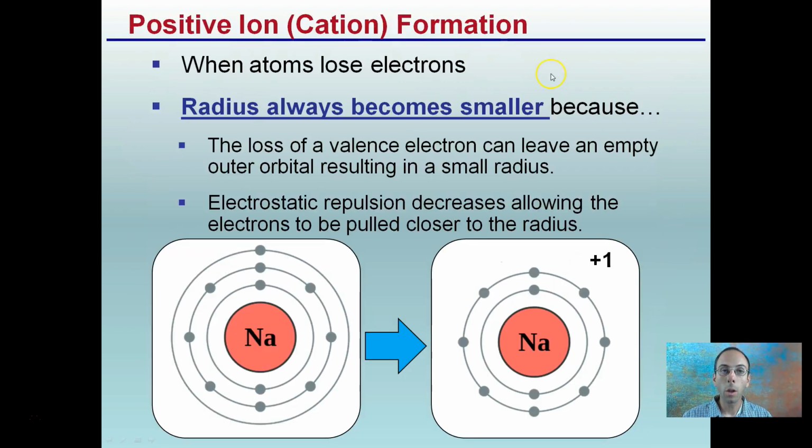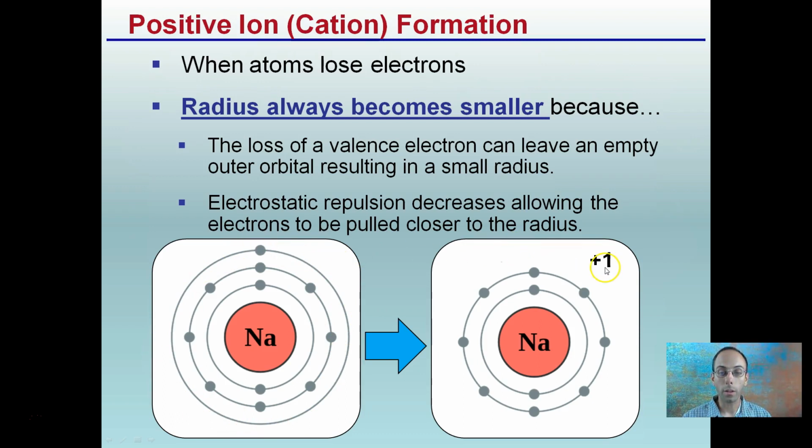Showing how that may look here, positive cation formation when an atom loses electrons. Radius always becomes smaller because the loss of a valence electron can leave an empty outer orbital, resulting in a smaller radius. Electrostatic repulsion decreases, allowing the electrons to be pulled closer to the nucleus. So how does that look here? We see here our outer shell, valence electron has 1.